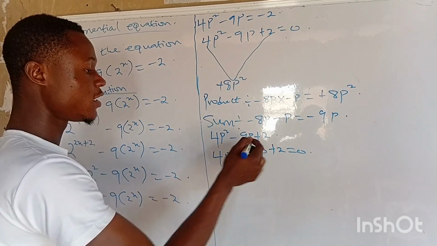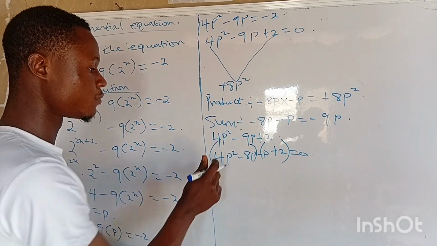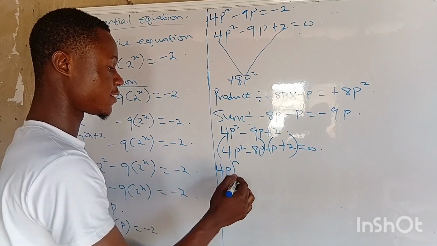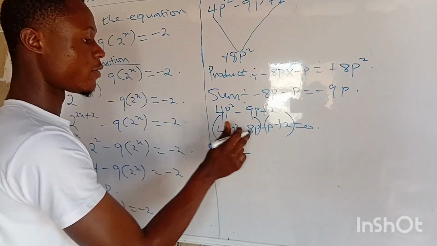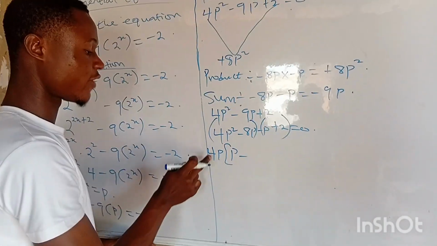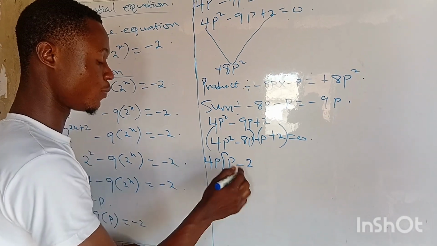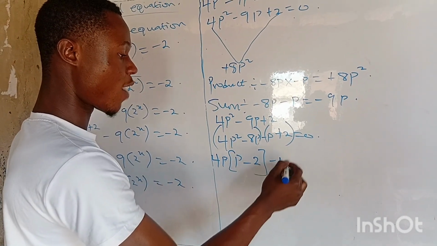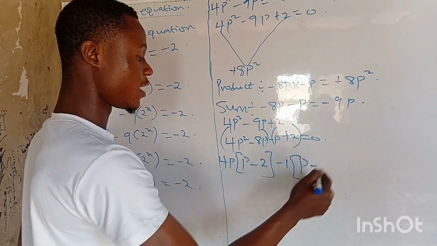So definitely let's group them. By grouping them, what is common here is 4p. So that's 4p in brackets, and what you are having left here is (p − 2)... Then minus what are you having left, which is 1, in bracket p... minus times plus will give us minus.